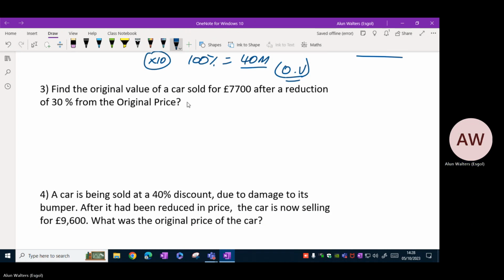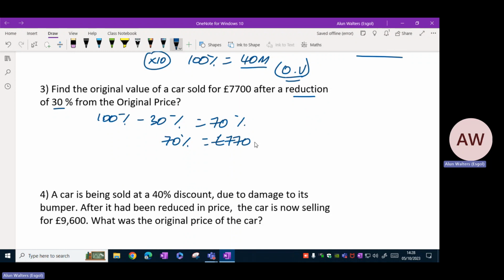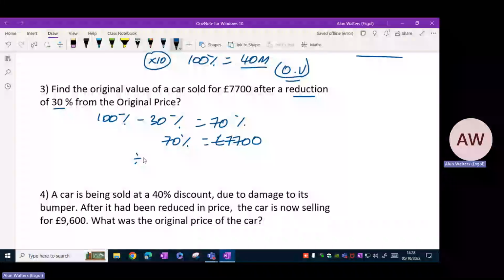So it's a reduction. Okay, the car is reduced by 30%. So start with 100%, take away 30% is 70%. So the statement I wish to make is that 70% of the original value is actually worth £7,700. Okay, so I'm going to say let's go for 10%.